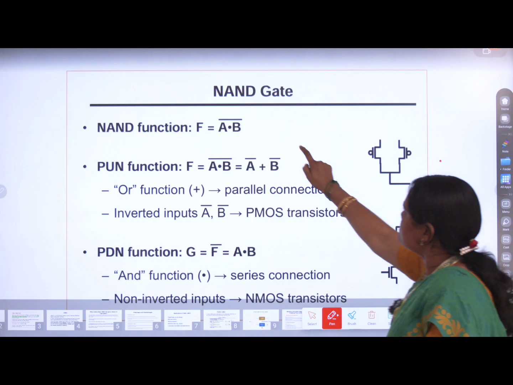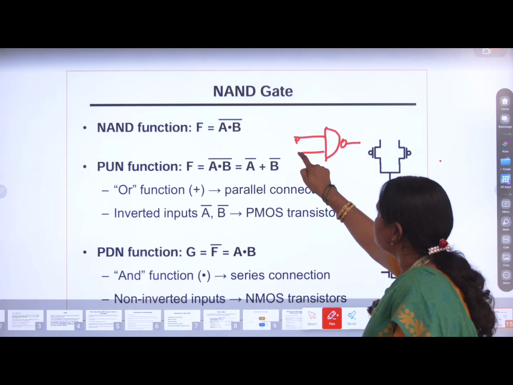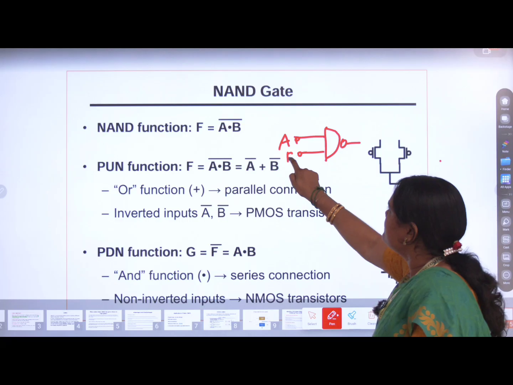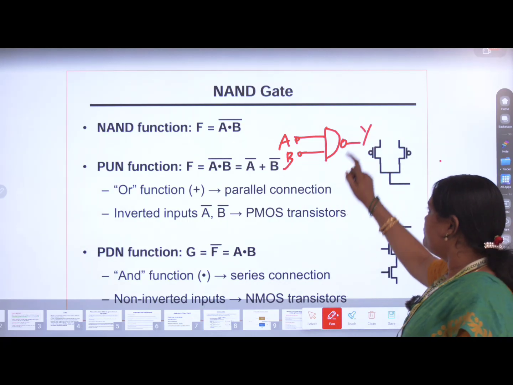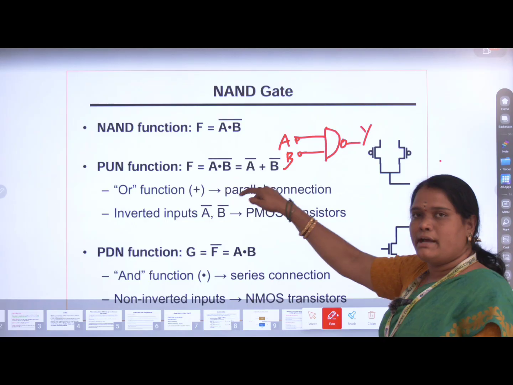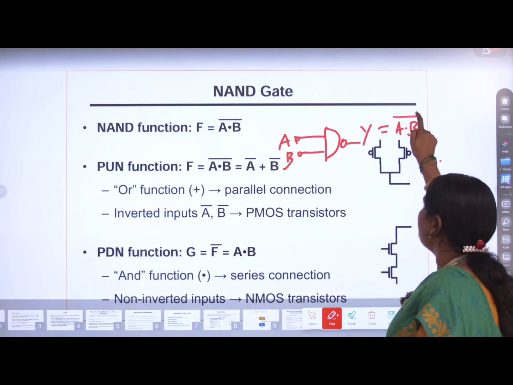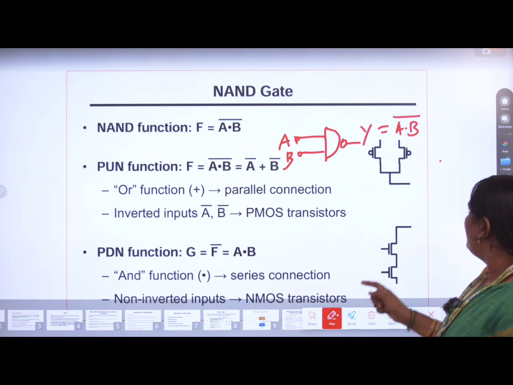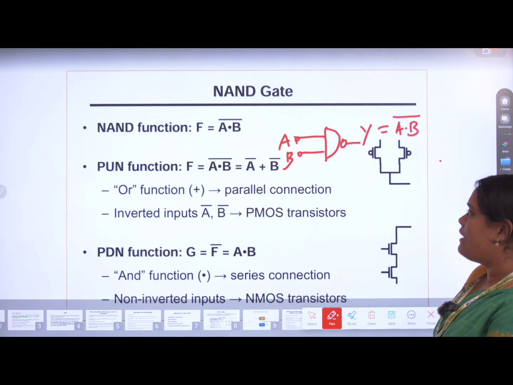So the basic structure of the NAND gate will look like this, the symbol of the NAND gate, which contains two inputs A and B and one output Y. So for a two input NAND gate, the output will be A dot B the whole complement. So inversion of your AND gate is nothing but your NAND gate.